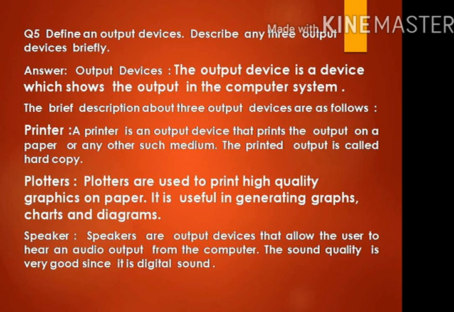It is useful in generating graphs, charts, and diagrams. The next is speaker. Speakers are output devices that allow the user to hear an audio output from the computer. The sound quality is very good since it is digital sound.